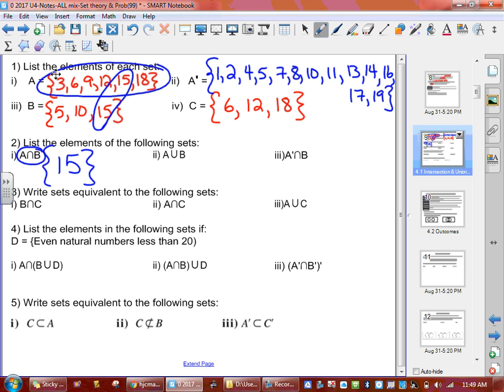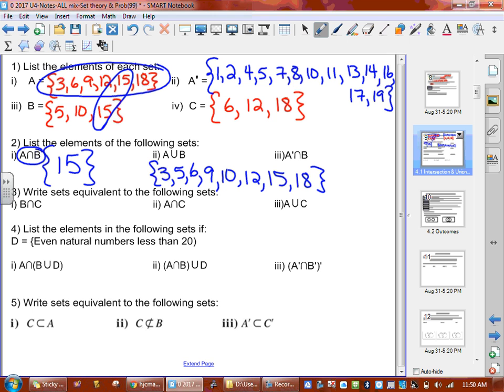A or B. What is A or B asking for? Everything from both sets. All of A and all of B. Now, if there's a repeated number like 15, you only write it once. And again, you write it in numerical order. So I'm going to have 3, 5, 6, 9, 10, 12, 15, and 18.